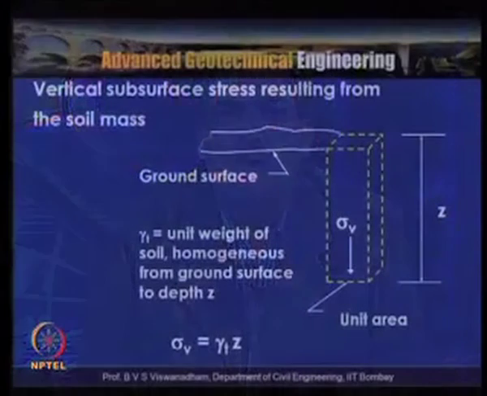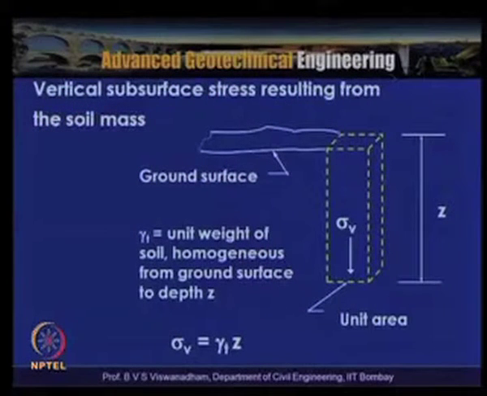Before introducing the concept of effective stress, we have to introduce what total stress is. The vertical subsurface stress resulting from the soil mass because of self weight alone is shown here. Suppose this is a portion of the ground surface, and you consider a unit area extending up to depth z.